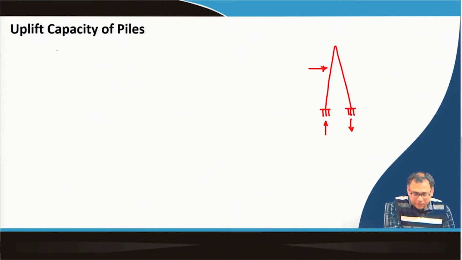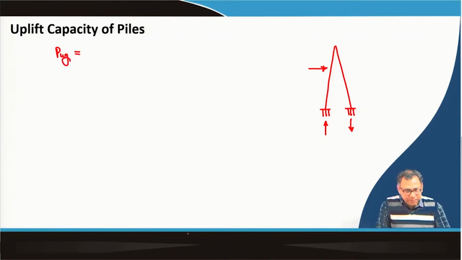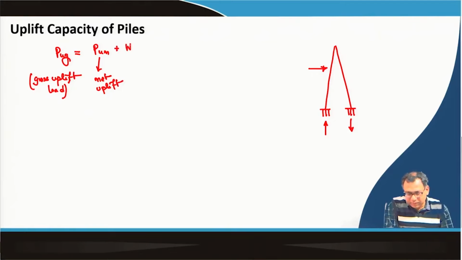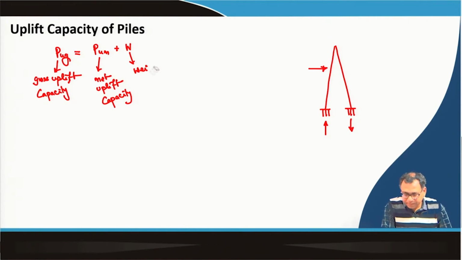So, the pile under uplift load, PUG, is called the gross uplift capacity, and it will be equal to PUN, the net uplift capacity, plus W, the weight of the pile.